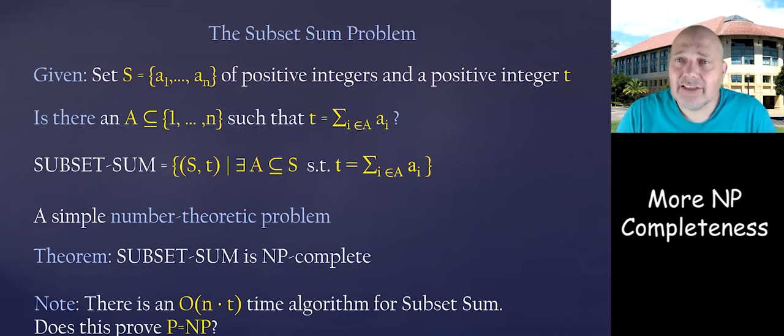I would just say that, in fact, if all the integers are small, imagine that all the integers are at most 50, then this is going to be a polynomial time algorithm, because t is not going to be too large. t is going to be linear in n.